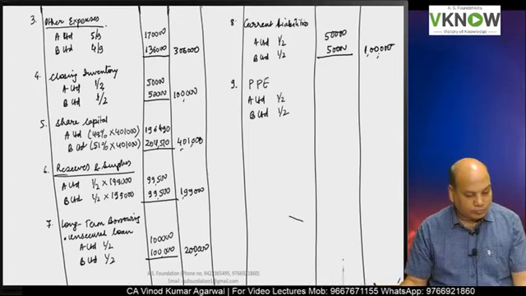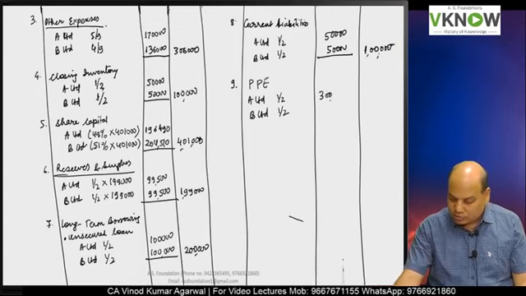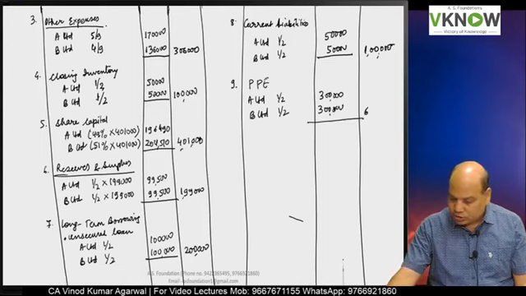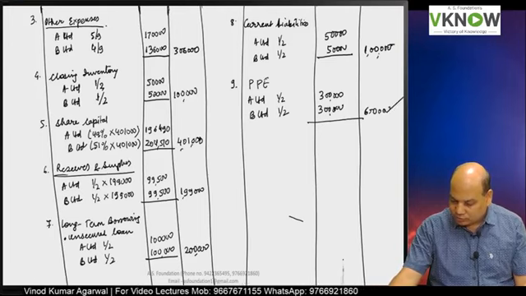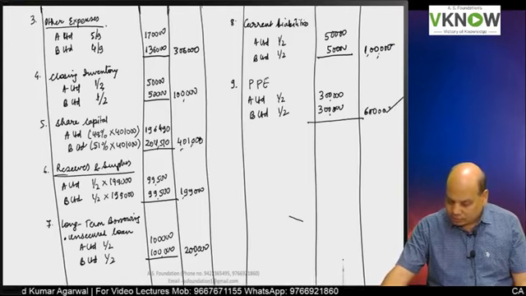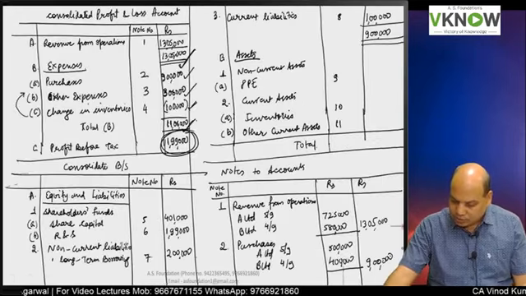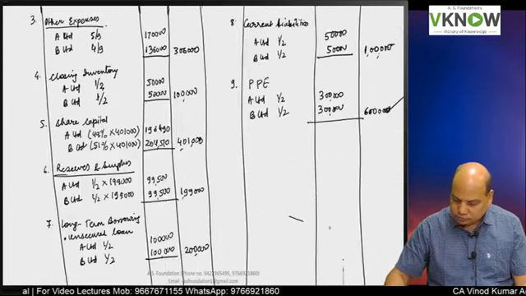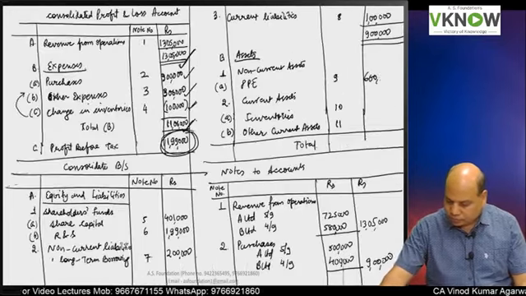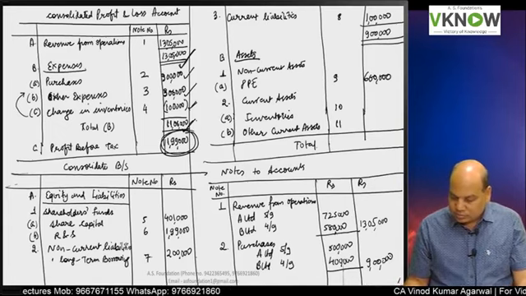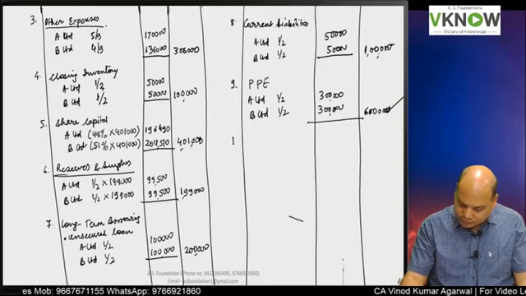Divide by 2. Each venturer, as per the agreement, is entitled to equal share in assets and liabilities. So 6 lakh, and this 6 lakh you write in the balance sheet, asset side. Next, note number 10 is inventory.